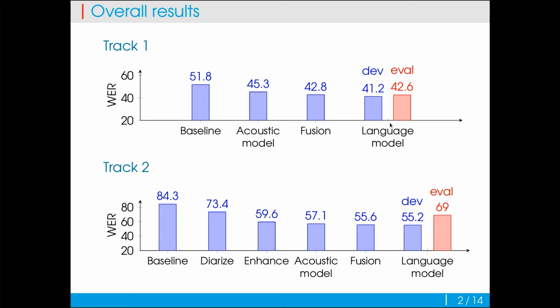For track 1, we introduced some improvements on both acoustic and language modeling parts of the system, and on track 2, we additionally used our own diarization and also modified the enhancement. You can already see here that we have a bit of discrepancy between the results on dev and eval on track 2, which I will address later in the presentation.